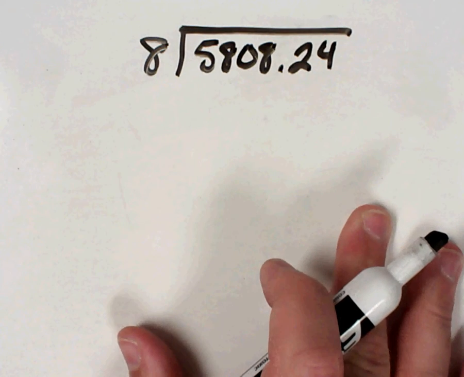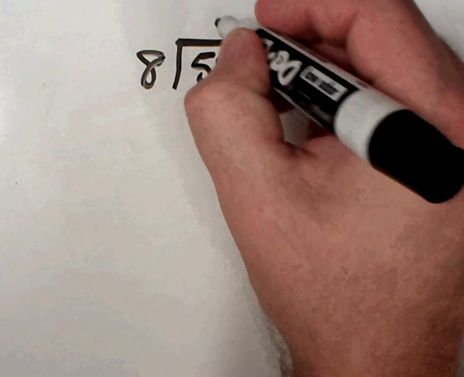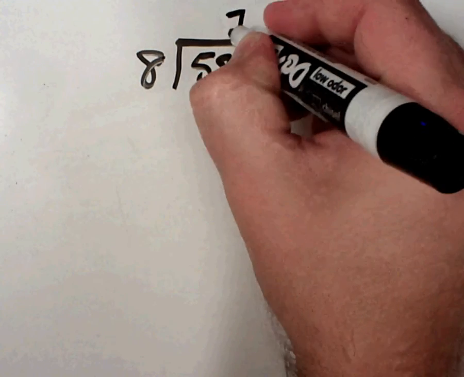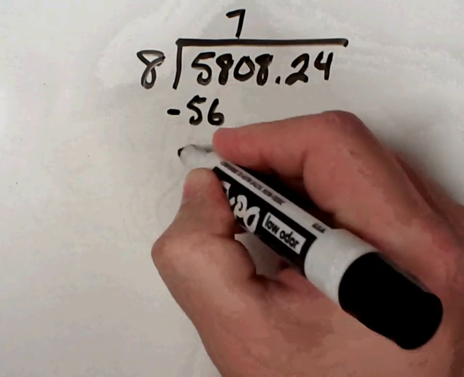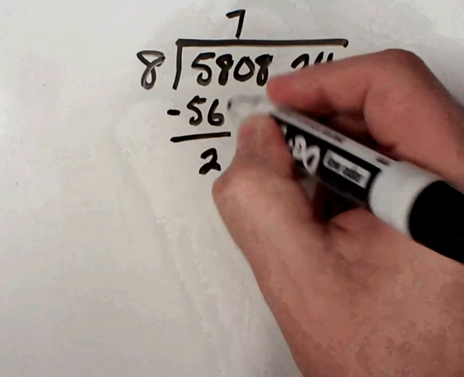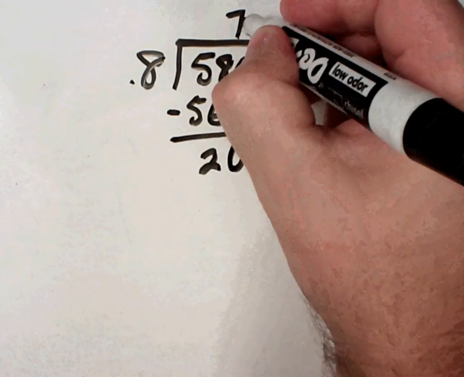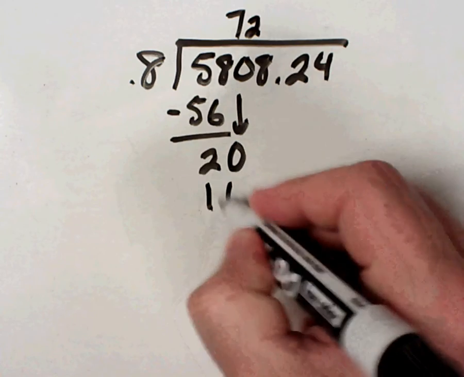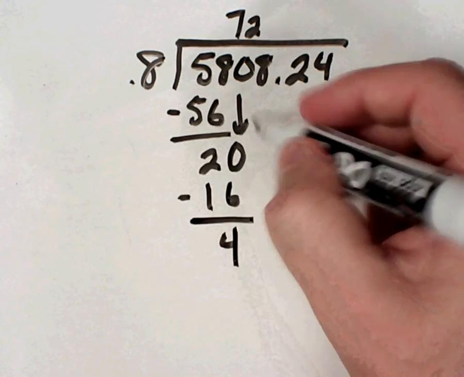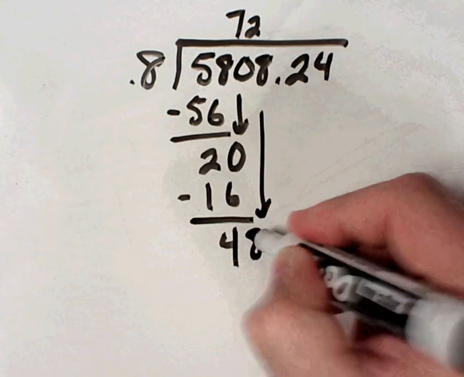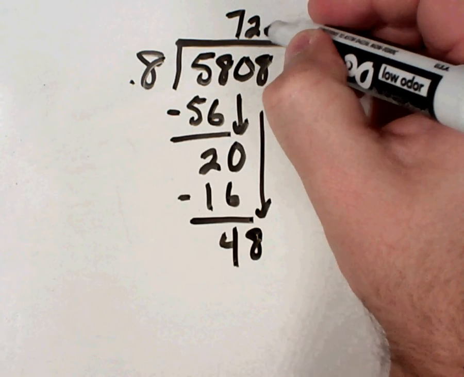All right. So 8 will go into 58 7 times. 7 times 8 is 56. Pull down my 0. 8 goes into 20 twice. 8 goes into 48 6 times.